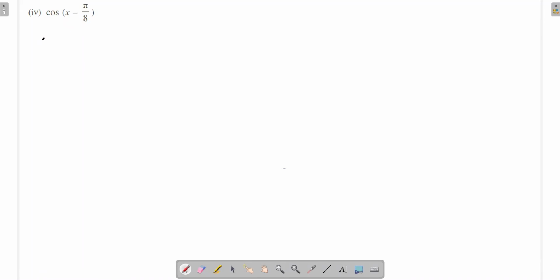So here the function is cos(x minus pi by 8). So let f(x) be equal to cos of (x minus pi by 8), right?